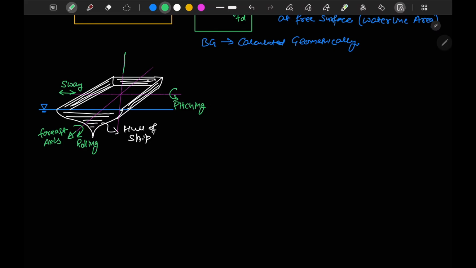If it moves upward and downward, this is heaving. Moving forward is called surging. And rotation along this surface is your yawing.